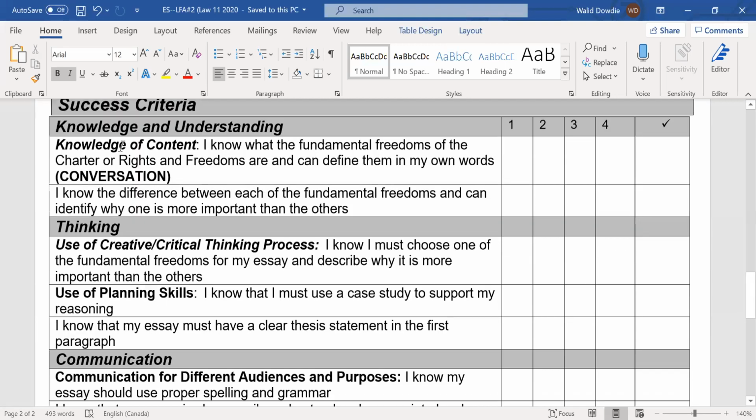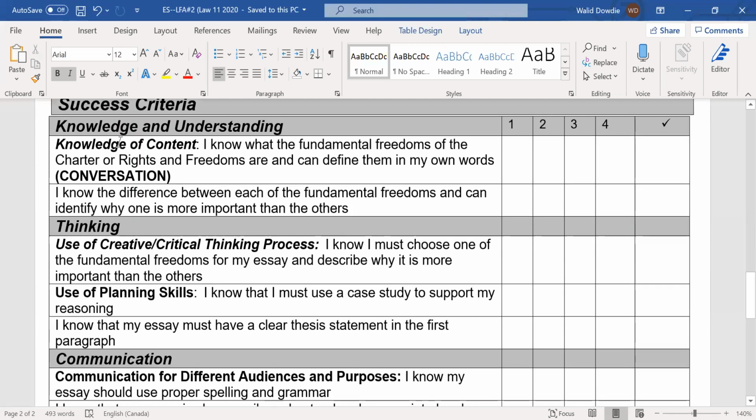Okay, when I'm marking, I'm looking for the following things. Number one, for knowledge and understanding: I know what the fundamental freedoms of the Charter of Rights and Freedoms are, and can I explain them in my own words?